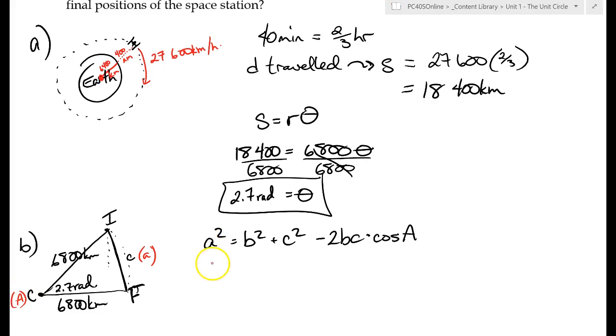So I've got A squared, which is now C squared. And then we've got 6,800 squared plus 6,800 squared, minus 2 times 6,800 squared again, because it's the same thing multiplied by itself, cos of angle A, which is 2.7 rads.